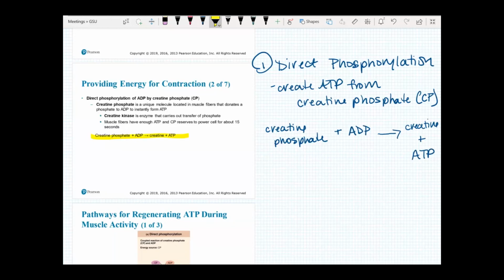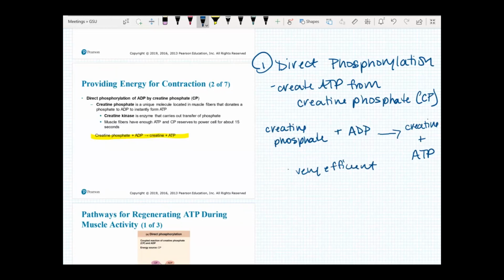So we will get this right here. With this process, it's a high energy molecule. It's great. We can actually use this. And our muscle cells do actually store creatinine phosphate, so it's relatively easy to actually use. This is very efficient. It's a good process to have.